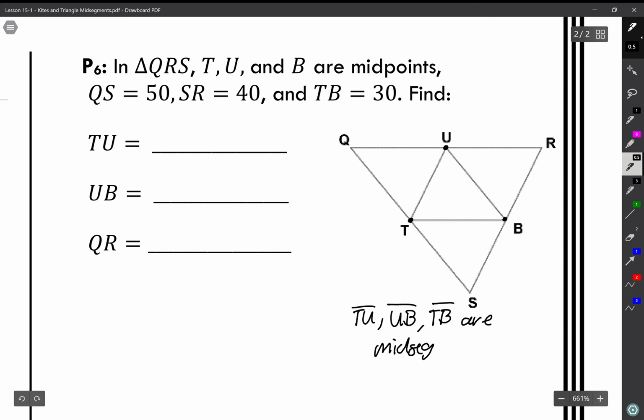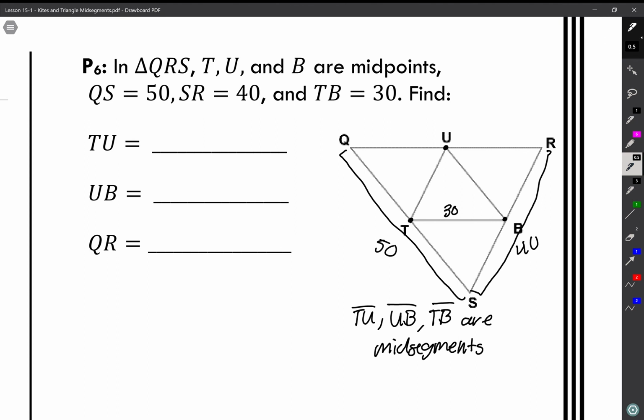So that helps us a lot because we can use the triangle midsegment theorem. We know that QS, which is this whole thing right here, is equal to 50. I know that SR is equal to 40, and then TB is equal to 30. So let's find TU.